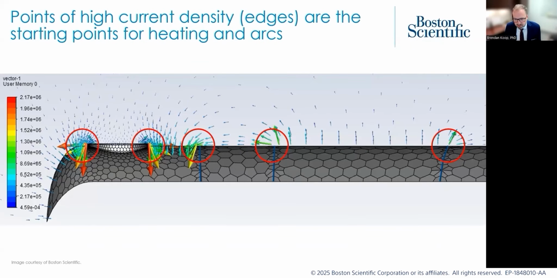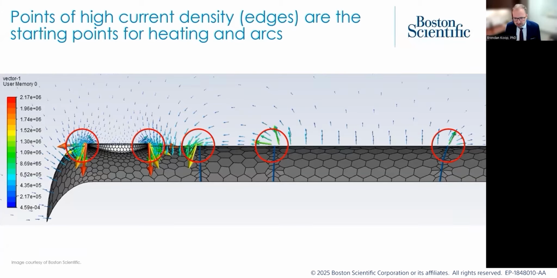And the other aspect is that when we're looking at close to the electrodes, we keep a very close eye on the edges: how close the edges are to each other, how much the edge is exposed to the environment, are there corners, what's the length of the edges? These are where the current density is the highest.